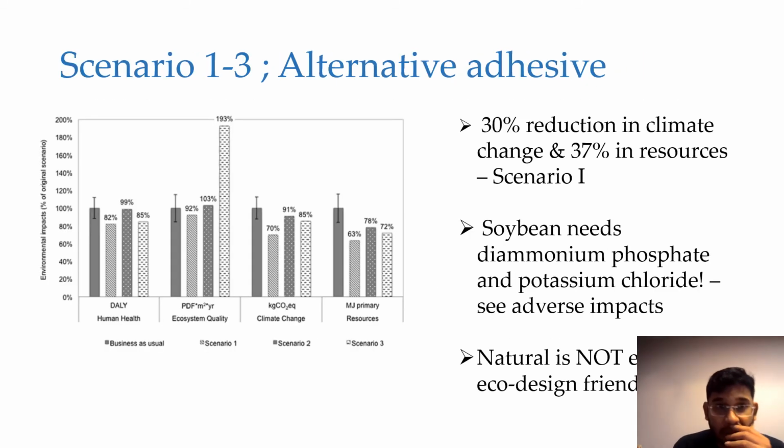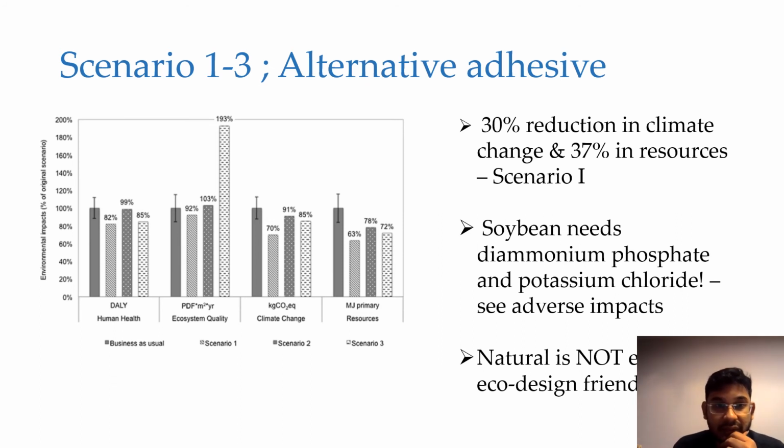Okay, so using an alternative adhesive, what they find is quite fascinating. The first thing is in scenario 1, I think in pine adhesive, I guess, they have a reduction in climate change and in resources. They have reasonable reduction in both these cases.